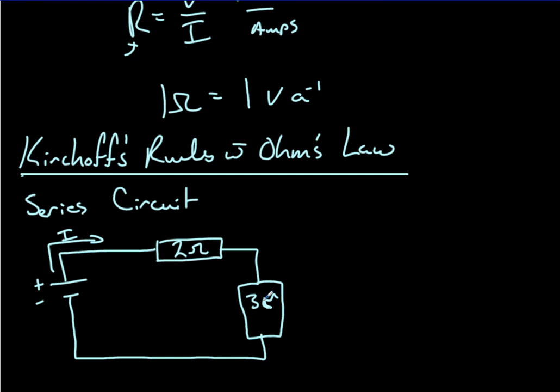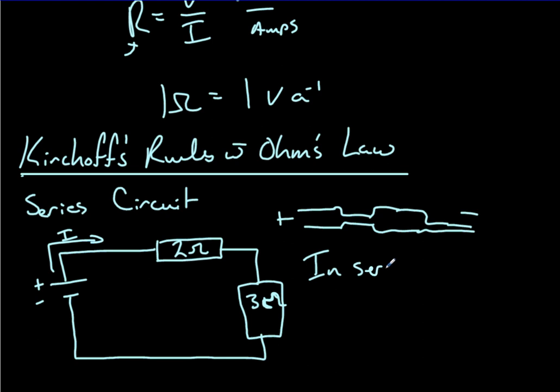From the perspective of that current, it's hitting two narrow passageways on its way from plus to minus. So it doesn't really care what order it hits them in. It just feels the resistance, and it turns out that in series, the resistances just add together. Okay, so in series, resistances add.